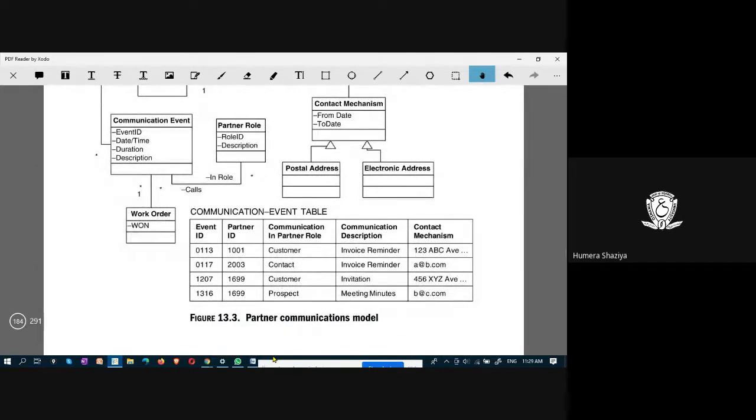And here it records the information: customer whose partner ID is this and event ID is this, and communication descriptor is invoice reminder, and contact mechanism is the address. This is the postal address. All right, here it is email address. How a partner can contact another partner.